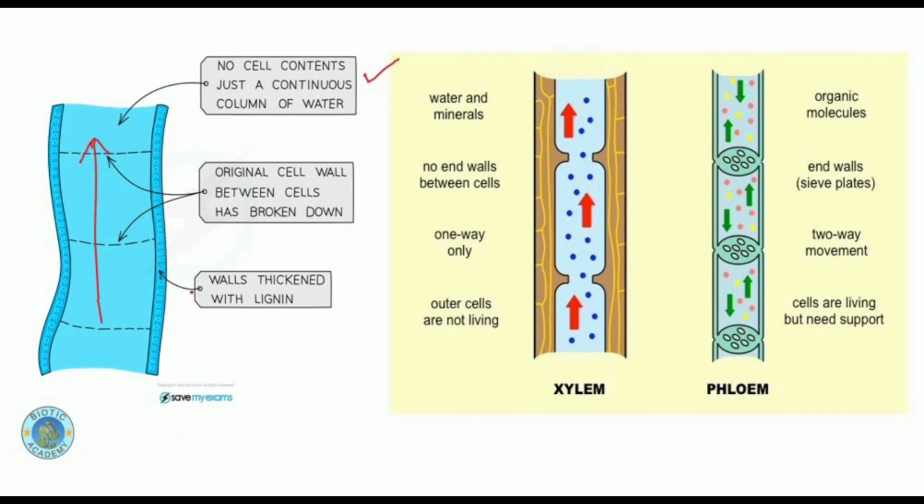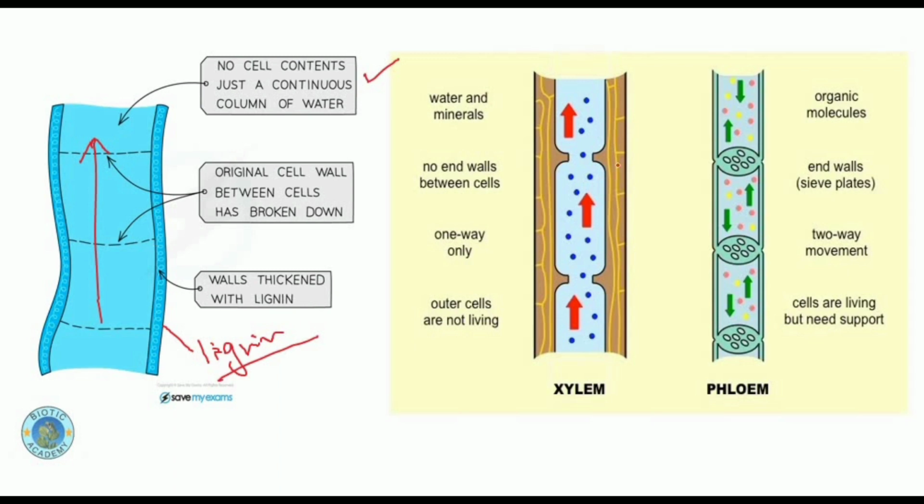Now there is a chemical deposited on it from the outer side, that is lignin. Lignin is a chemical deposited on the outer side of the plant cell in order to make this continuous column of xylem vessel strong, to give it strength so that the plant can withstand the environment. This xylem vessel not only conducts water and minerals from the roots to every cell of the plant body, but it also helps maintain the strength of the plant body, helping it to stand erect.